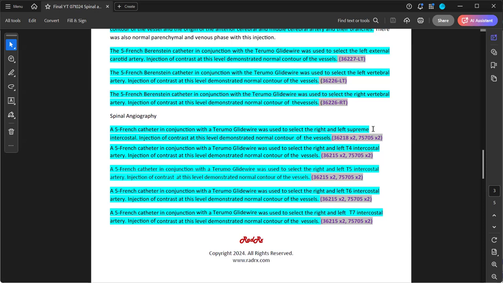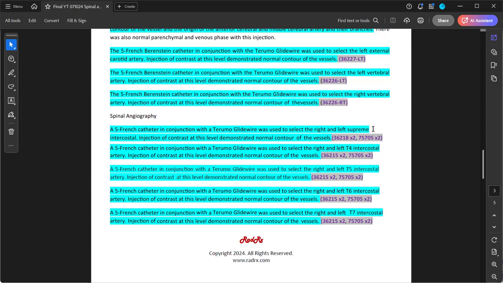Well, this ties into the cerebral angiography that we did above, okay? So whenever you assign code 36226 for vertebral imaging, whenever the physician catheterizes those additional vessels, either the thyrocervical trunk or the costocervical trunk, or branches of those, you're going to use code 36218.